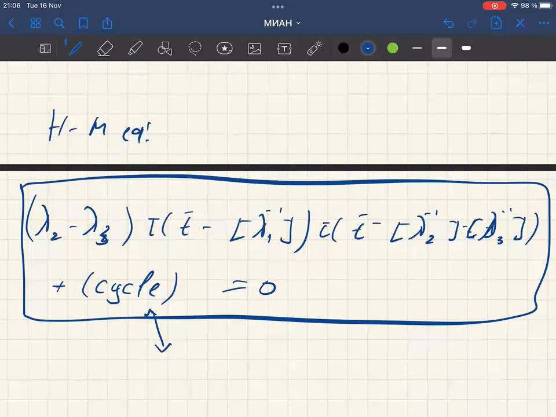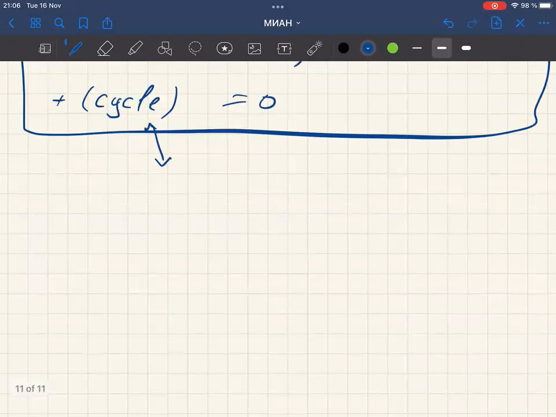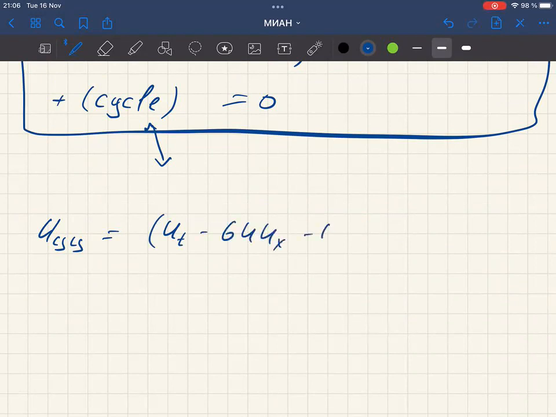Please write the KP equation. Write down. I don't remember. UT minus 6 UX minus UXXX, something like. Okay, yes, one more derivative in X. So now, as you like, d minus 1.